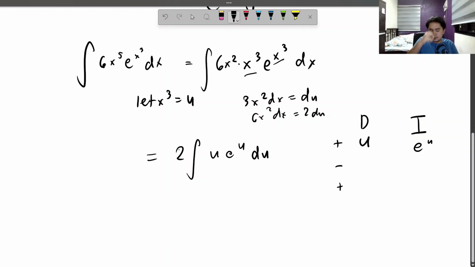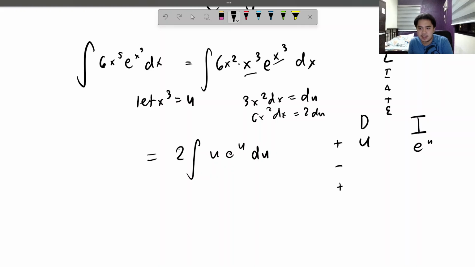There's the LIATE acronym for what you put in the D column. Logarithms, then I forgot what I stands for, but it's something. Then A is algebraic.